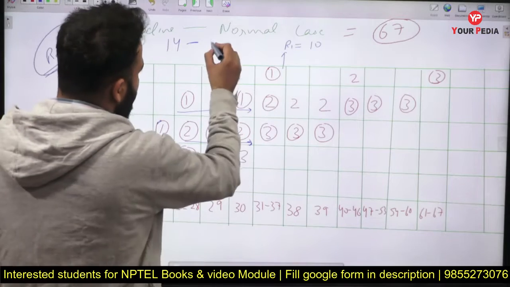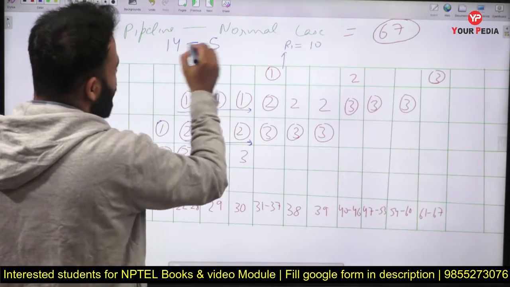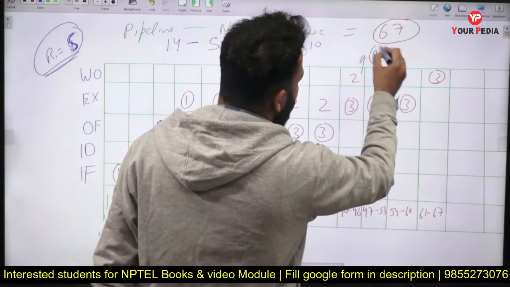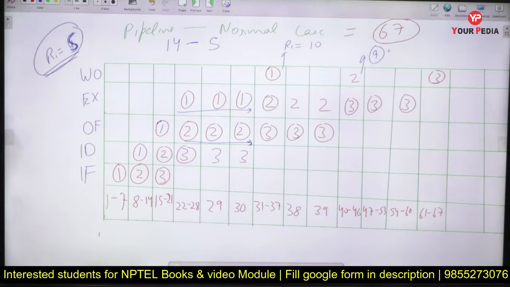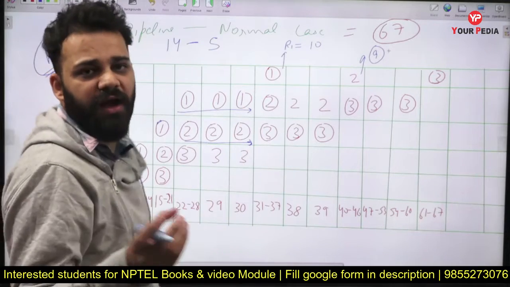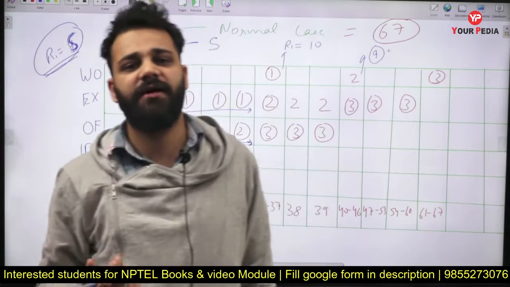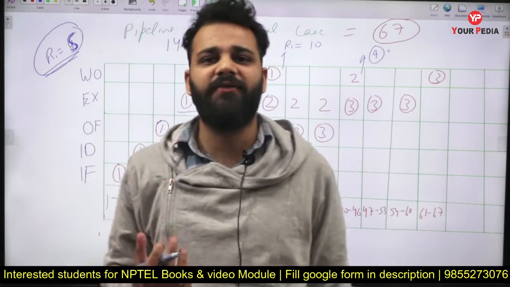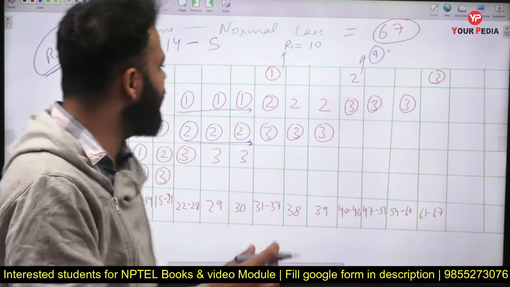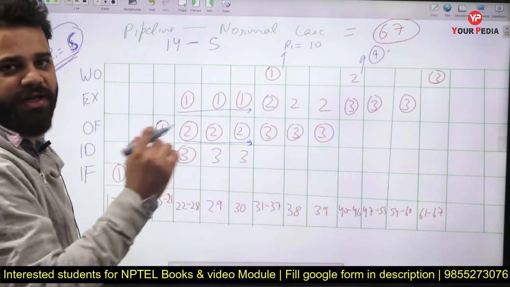So 14 minus 5 will be 9, and after execution the answer will be 9, but it should be 14 minus 10 equal to 4. Because we are fetching the R1 value before it has been updated by the add instruction, this will give a wrong answer. This is called data dependency.